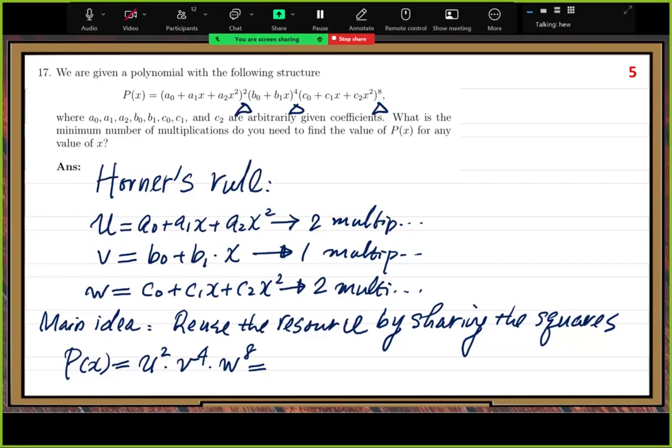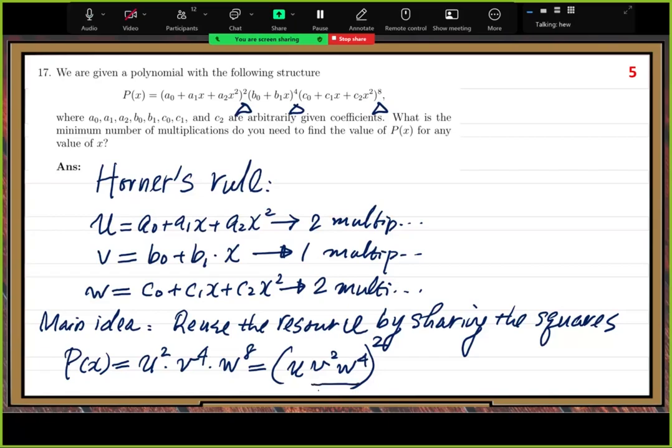Because all these exponent numbers are even numbers, we can put a square outside, and inside u times v square times w to the 4th. Outside there is a square, right? That means the outside square is shared by everything inside. That's the first round of sharing.